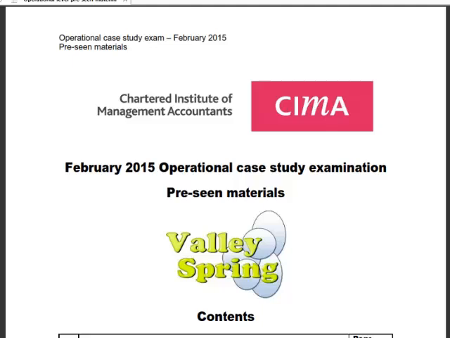For example, in P1, the comparison of activity-based costing and absorption-based costing seems ideally suited. But in terms of F1 and E1, we need to look more closely at their syllabuses and identify which part of the syllabus resonates with the issues that we've found in this case study. So don't leap forward straight away to film 2.